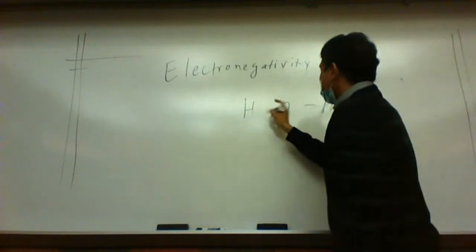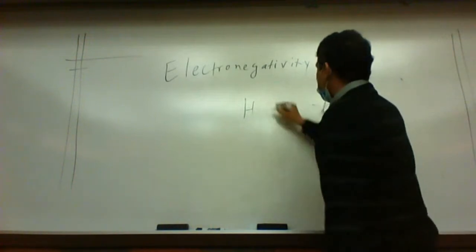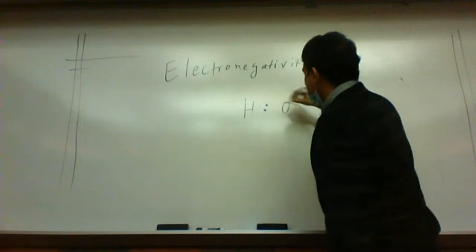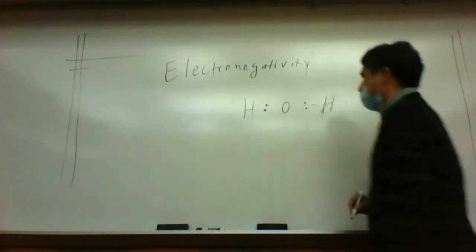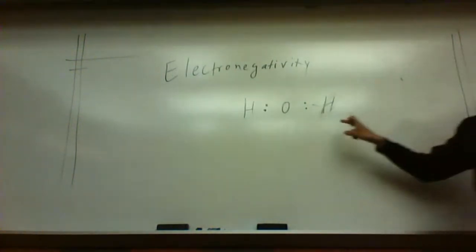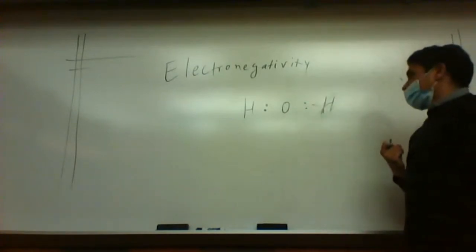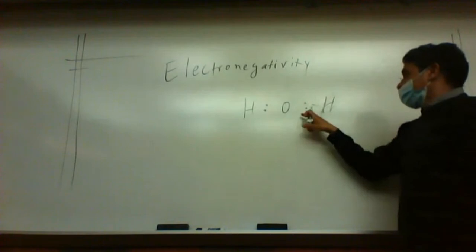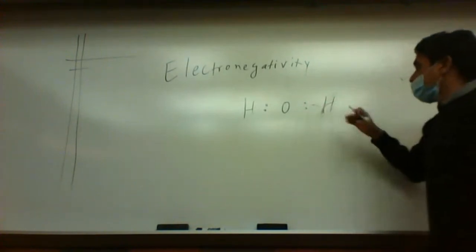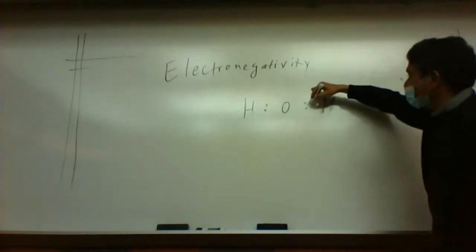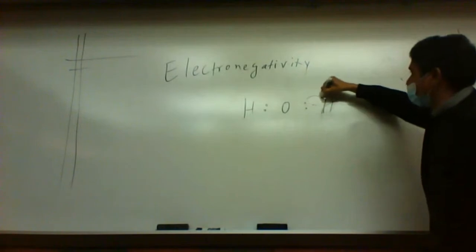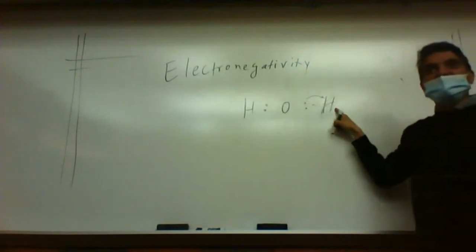Now there is one bond here. This one bond is 2 electrons. So which atom in this structure attracts more toward it? Let's say this is a hydrogen. If this hydrogen attracts this shared pair of electrons with great force, we call this a higher electronegativity.